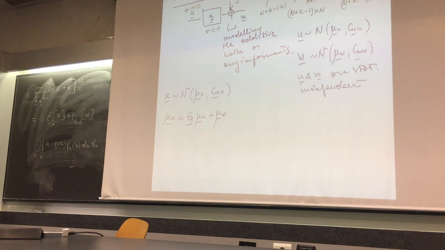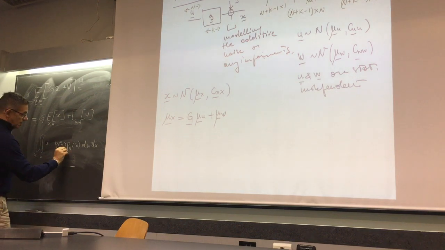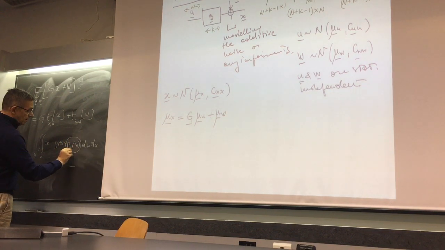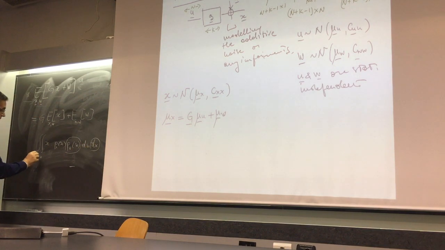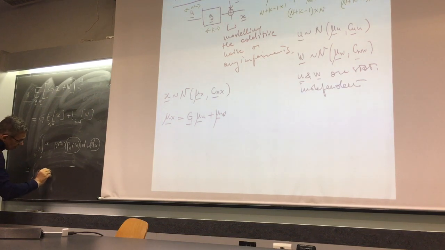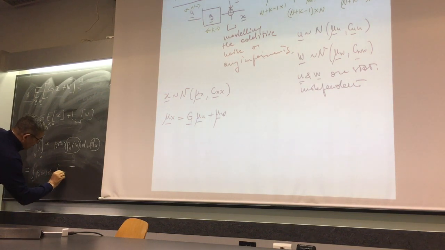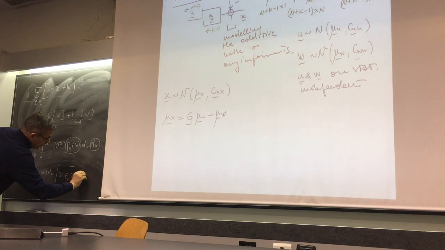Okay? Now, this one does not depend on x. So I can rewrite this as the integral with respect to w of p(w) dw, times the integral with respect to x of x p(x) dx.